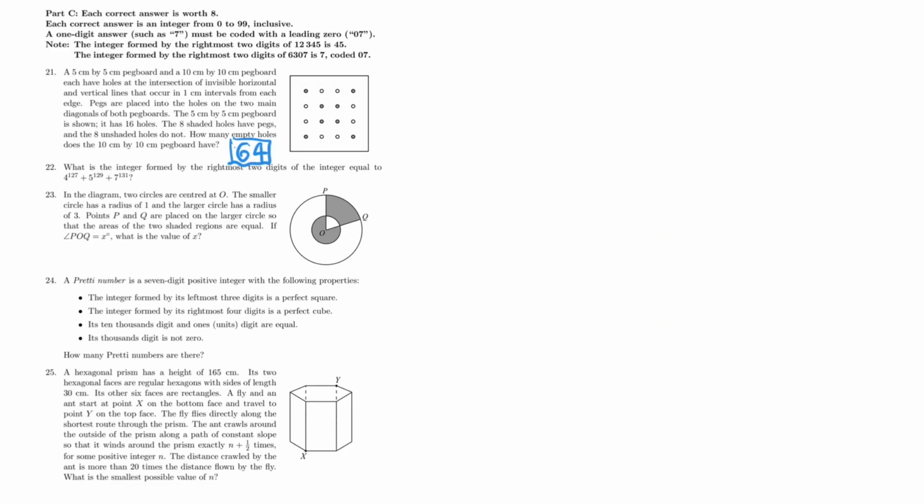Number 22. What is the integer formed by the rightmost 2 digits of the integer equal to 4 to the power 127 plus 5 to the power 129 plus 7 to the power 131?